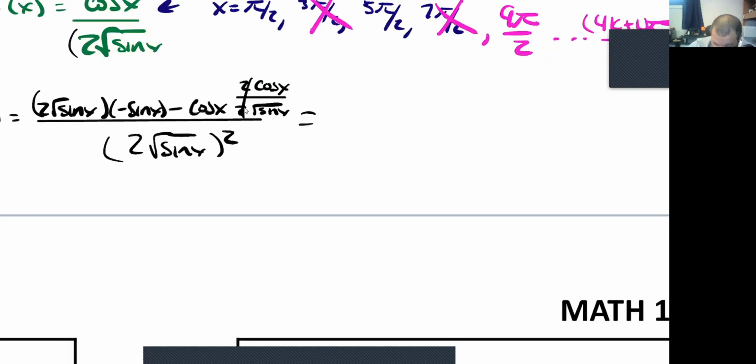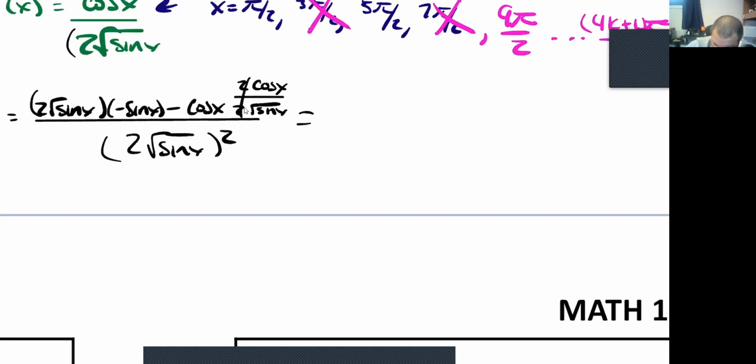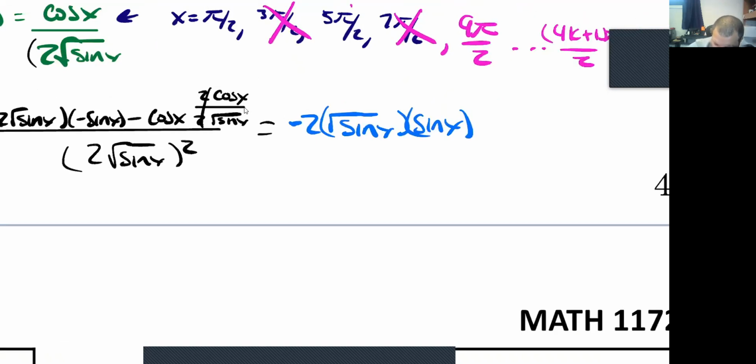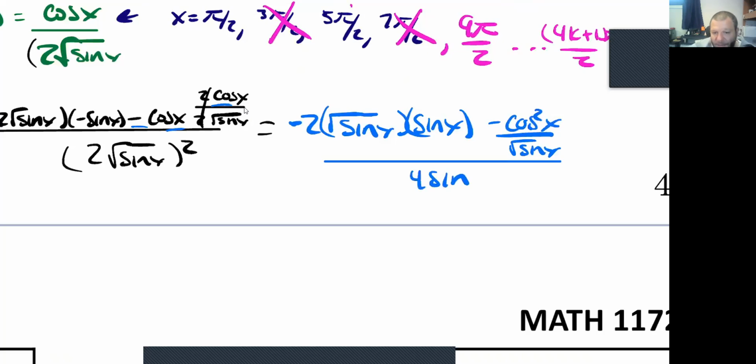So we're going to get 2 radical sine of x times negative sine of x. We could write that as sine to the 3/2 power if we really wanted. Minus cosine times cosine, minus cosine squared of x over radical sine of x, all over 4 sine of x, right?